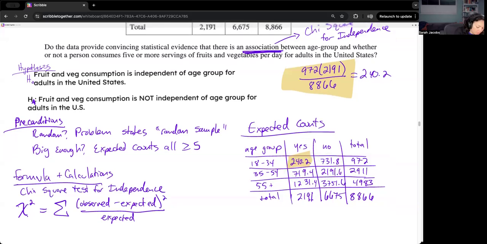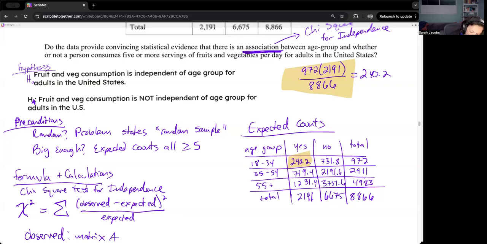But let's just throw it in a matrix. So I'm going to say second matrix. I'm going to go over and edit. This is a 3x2. And I'm putting all of my observed in matrix A. So we've got 231 and 741 and 669 and 2242 and 1291 and 3692.